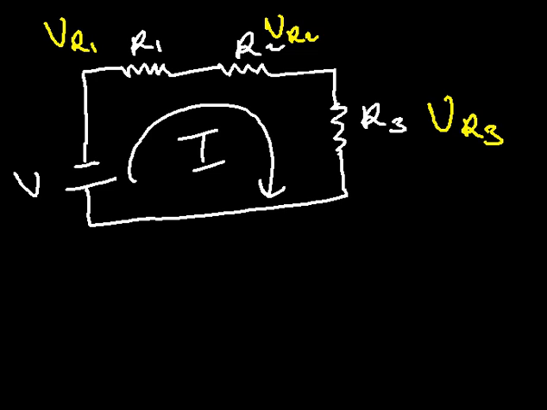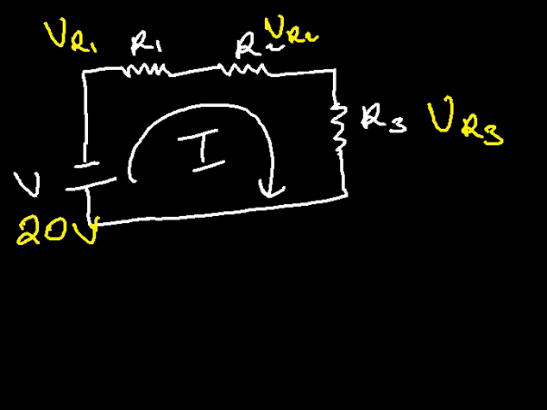Now what is that voltage which is being shared? The voltage which is being shared is the voltage from the main source. Let's say the main source has 20 volts.